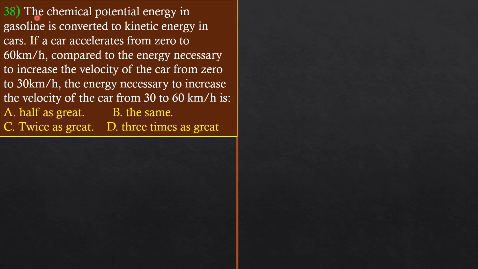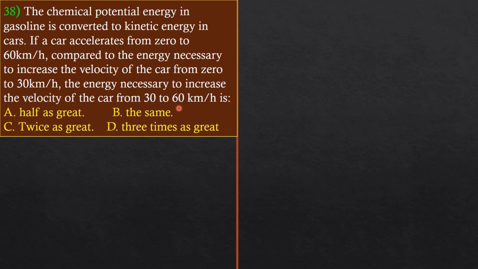Question 38 reads that the chemical potential energy in gasoline is converted to kinetic energy in a car. If a car accelerates from 0 to 60 kilometers per hour, compared to the energy necessary to increase the velocity of the car from 0 to 30 kilometers per hour, the energy necessary to increase the velocity of the car from 30 to 60 is okay.